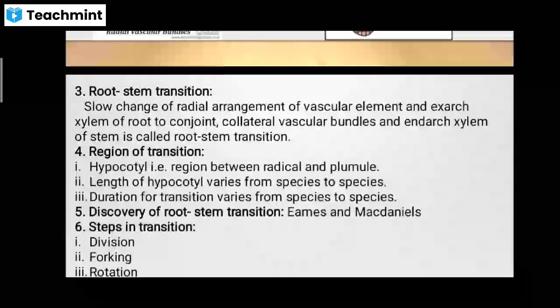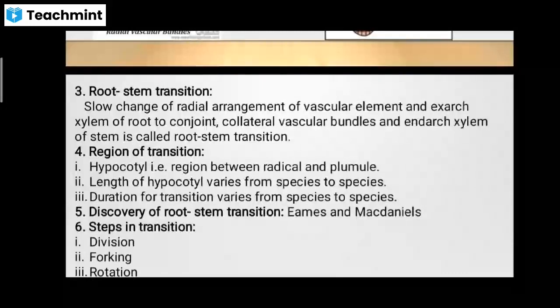That means anatomically slow changes take place in the vascular system, where the radial arrangement of vascular bundles changes into the conjoint collateral type of vascular bundles.